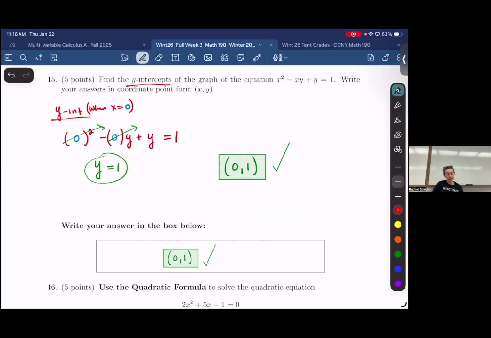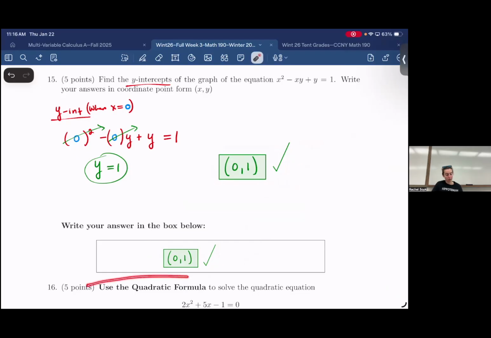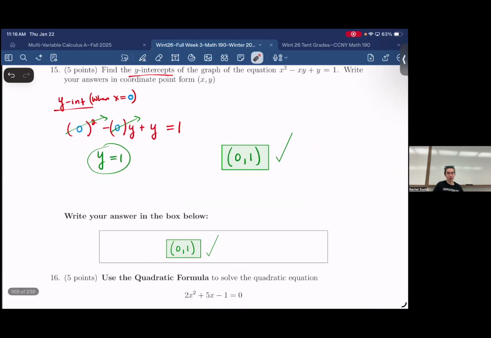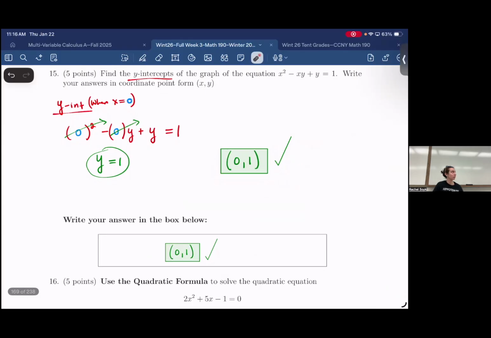Question 16, we're going to be using the quadratic formula to solve the equation. So let me scroll down. Okay.